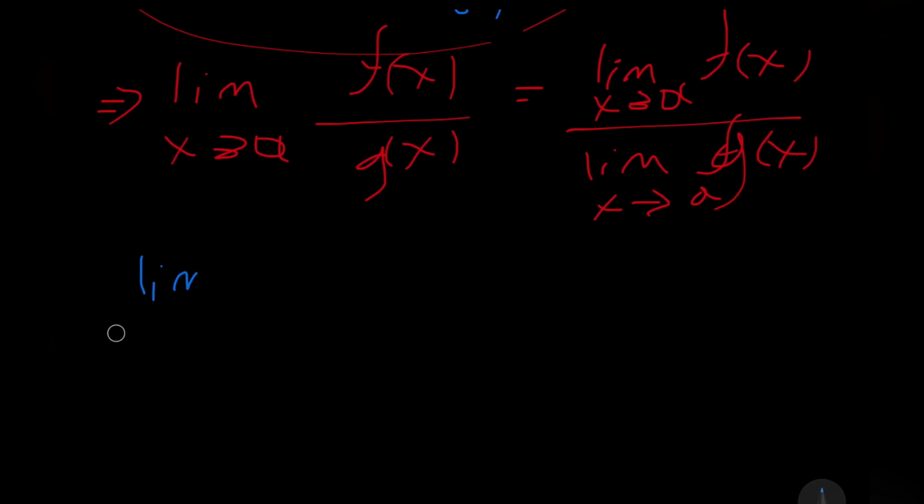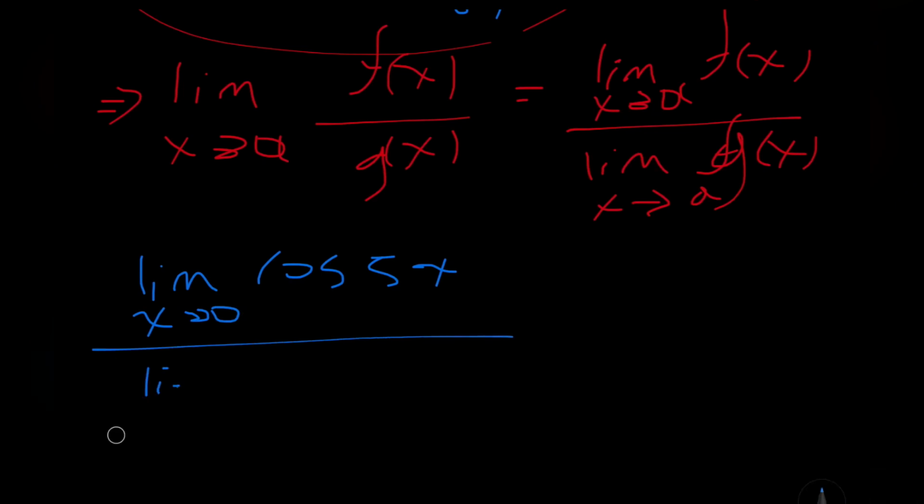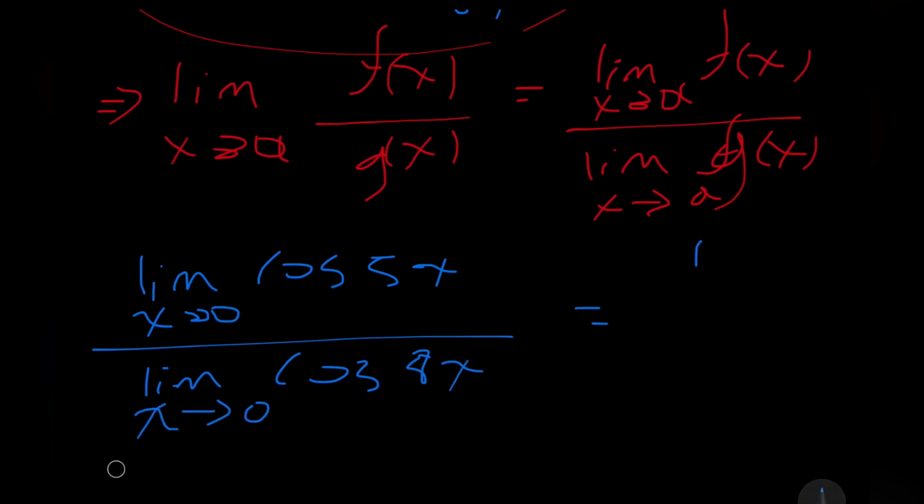The limit of the top function, the function in the numerator, cos 5x as x approaches 0, over the limit of cos 8x as x approaches 0 is equal to 1 in the numerator, 1 in the denominator, which overall equals 1.